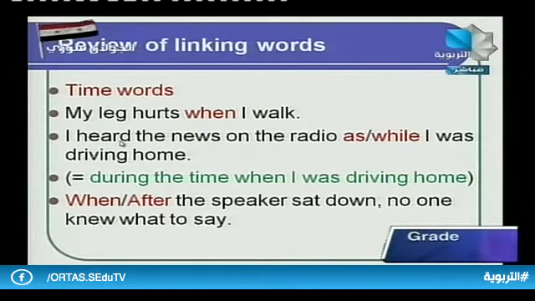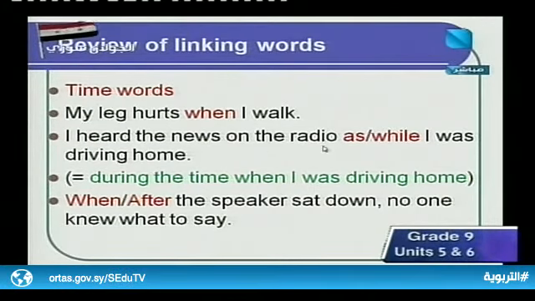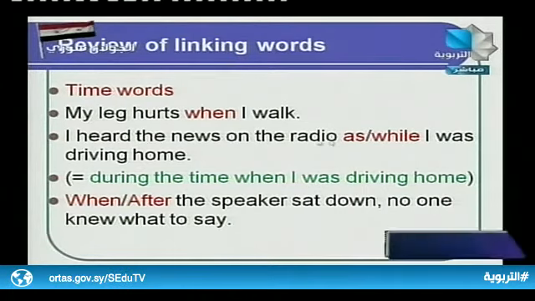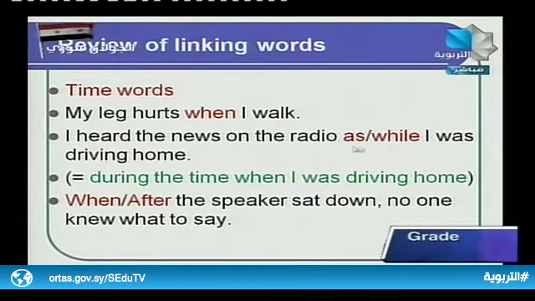Another example, I heard the news on the radio as or while I was driving home. This is another linking word, which is while or as. The same meaning, as and while. Sometimes they have the same meaning. During the time when I was driving home.